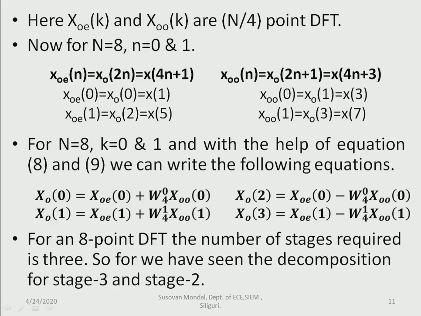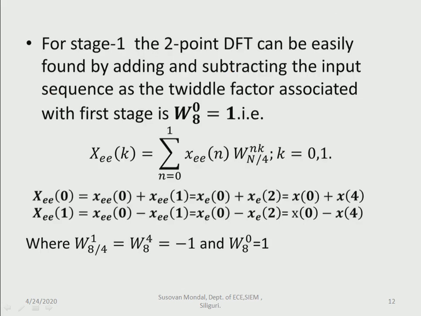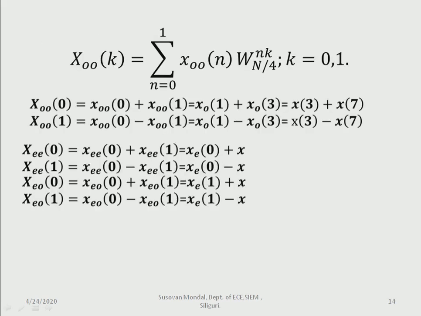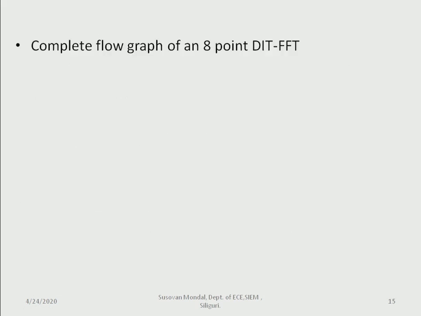So these are very simple, and again in the same fashion we put the value of k equal to 0 and 1, and we will get all these equations. Clear? At the last part, this is just a 2-point DFT. We just have to add and subtract, nothing else. So with the help of these equations, we will create the 8-point DIT FFT.